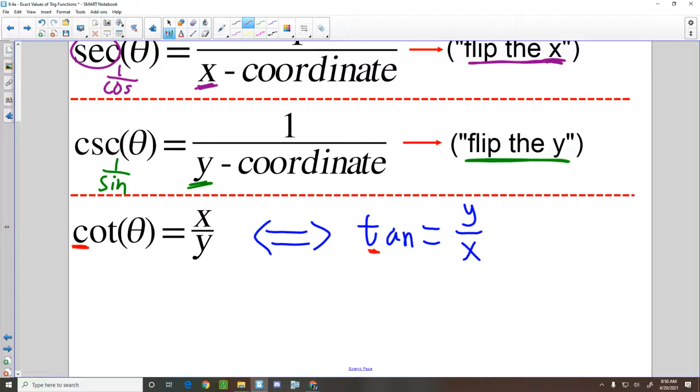C is alphabetically before T, so cotangent is before tangent. And so since alphabetically this is first, so is X. So whatever the function is, that's the coordinate that goes in the numerator. Tangent, alphabetically, comes later, and Y, also in the alphabet, comes later. So that's a nice way to keep tangent and cotangent straight. Which one's X over Y, which one's Y over X. It's all alphabetical.